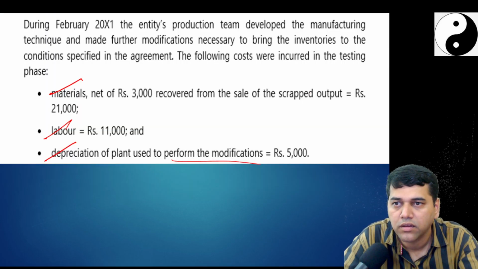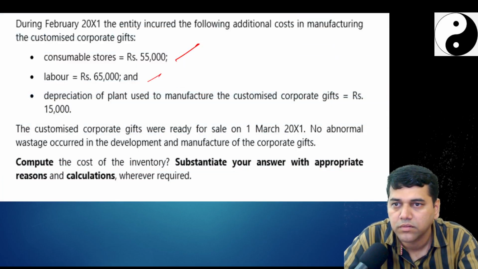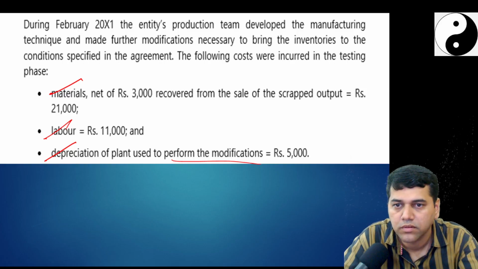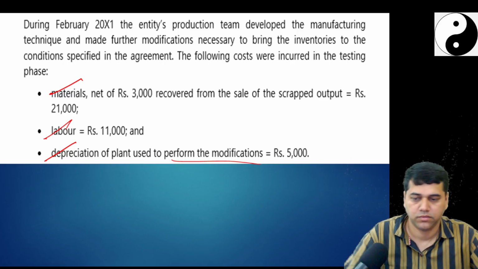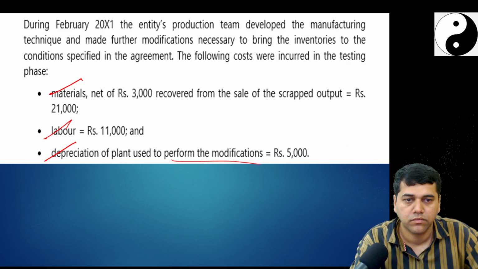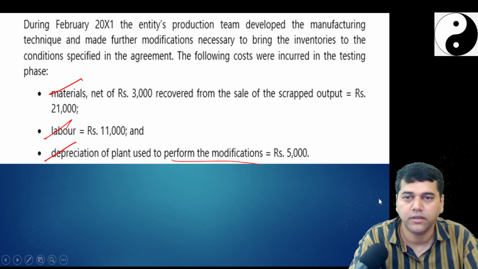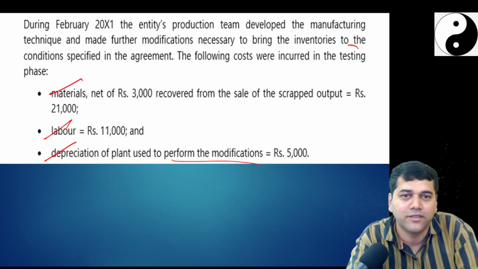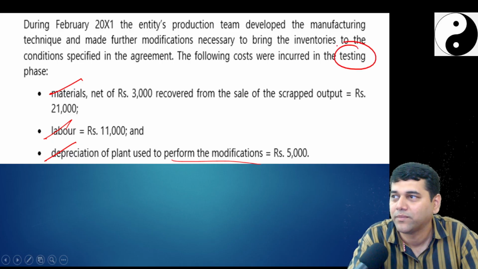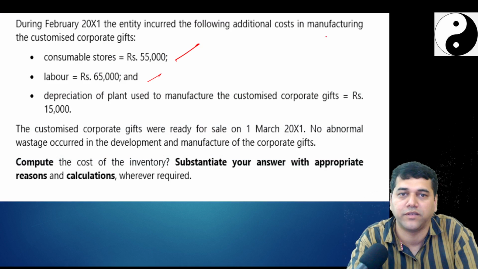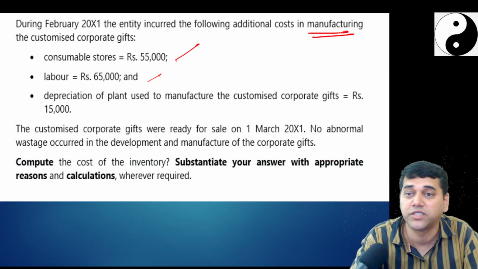I think it's the same. Yeah, sorry, I also didn't observe this. Yeah, this was the testing phase, and this was the manufacturing phase. Yeah, I missed it for some time.